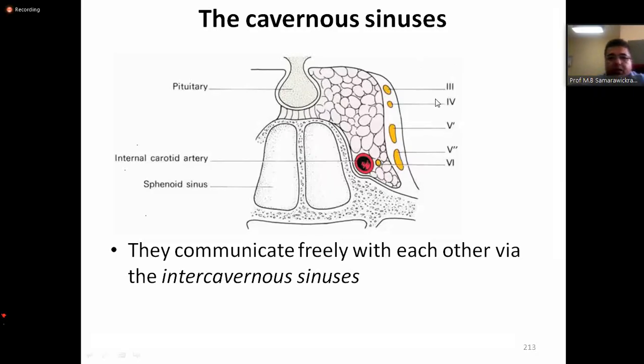So the effects on these nerves I have explained when we discussed the cranial nerve injuries. And it can get thrombosed due to spread of infection from the face or from the scalp. And on the face, especially, you have to know the danger area, which involves the central part of your upper lip and the lower part of the nose. That is the part that drains directly into the cavernous sinus via the deep facial vein.